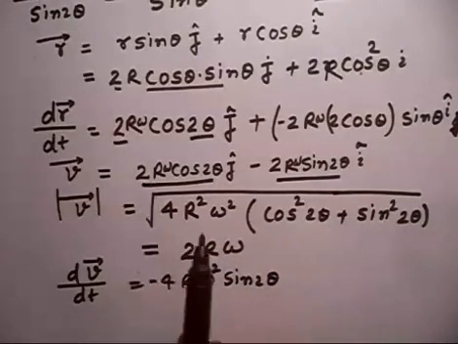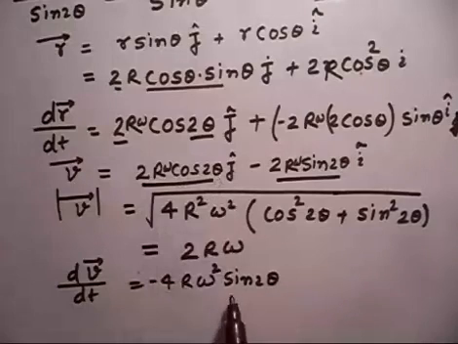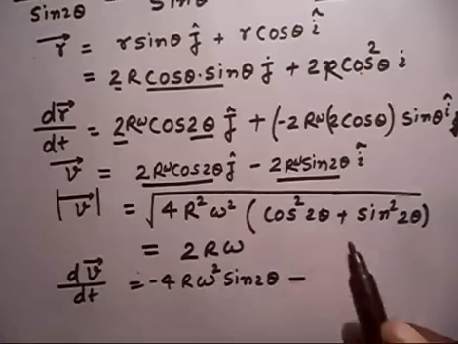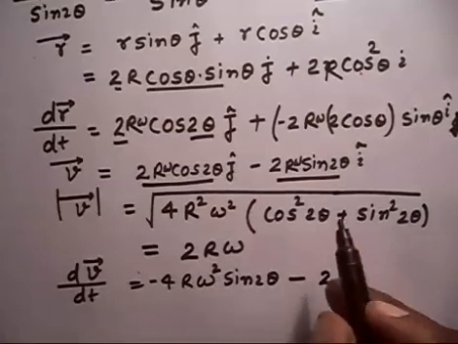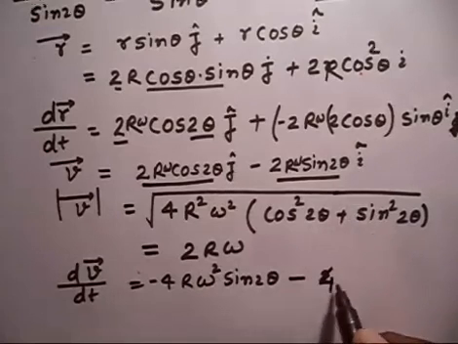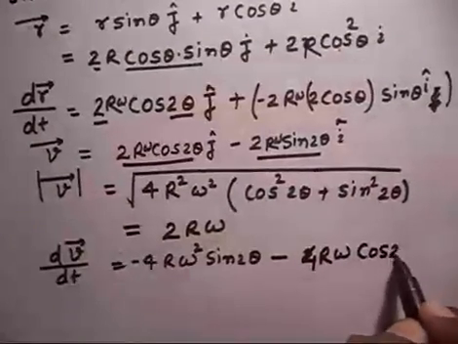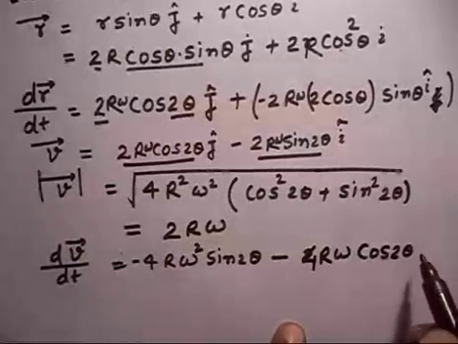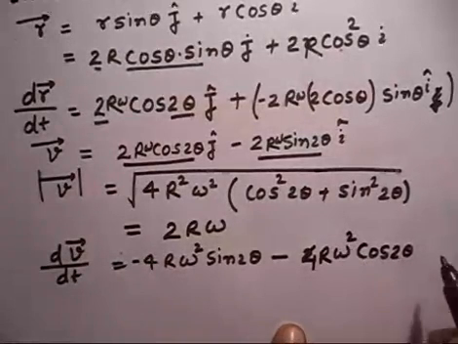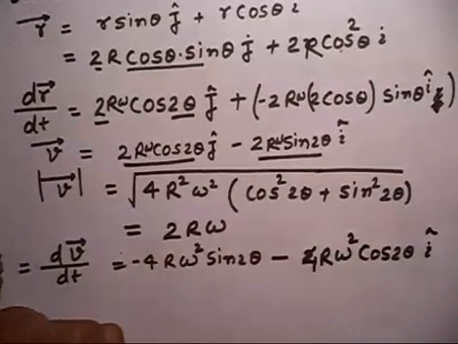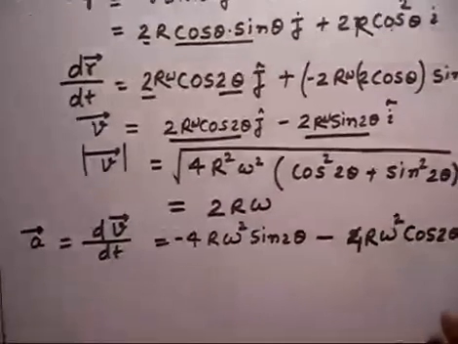Let us see: 2r omega, differentiation of cos theta is sin 2 theta. 2 theta has to be differentiated again, so 2 comes out, so 2 into 2 is 4, d theta by dt is omega, so this becomes omega squared. Now the next term, 2r omega into 2, will become 4r omega. The differentiation of sin 2 theta is cos 2 theta, and then d theta by dt, that is omega squared, i cap. So this is my acceleration vector.